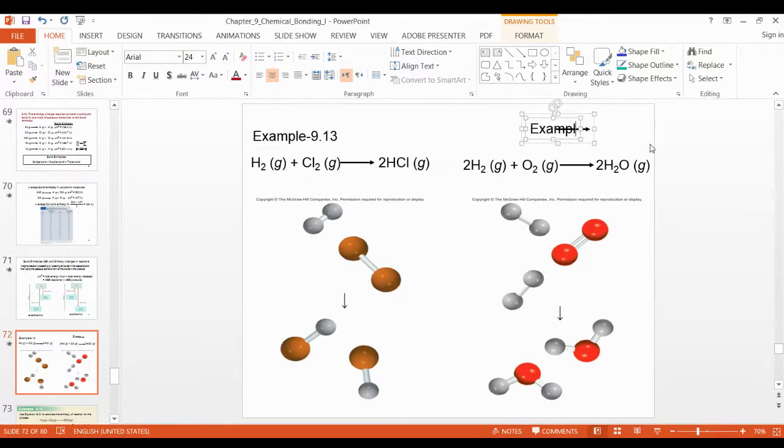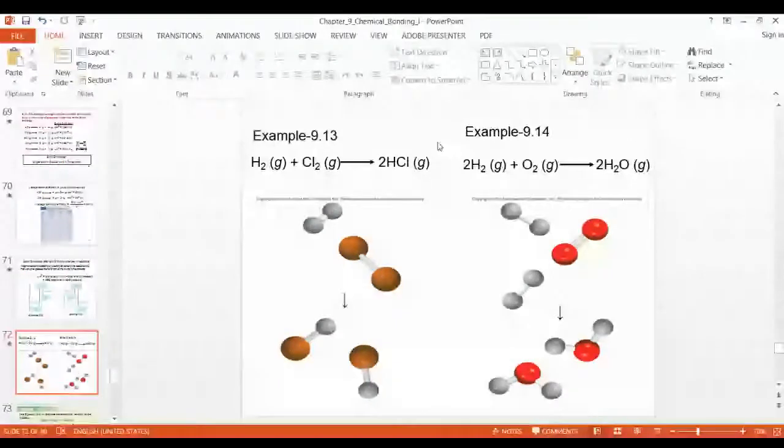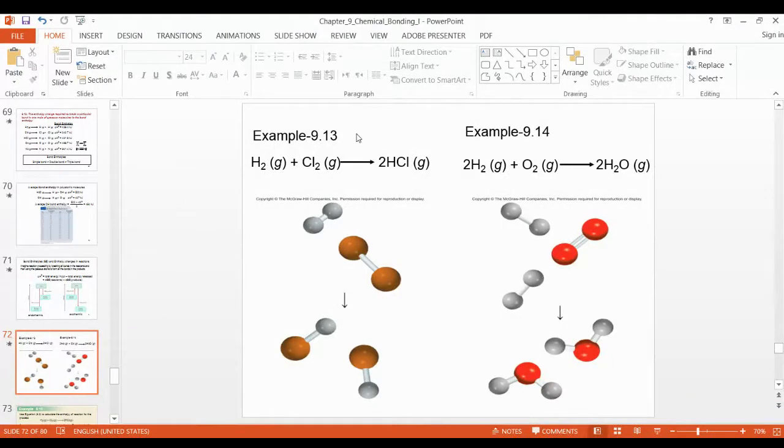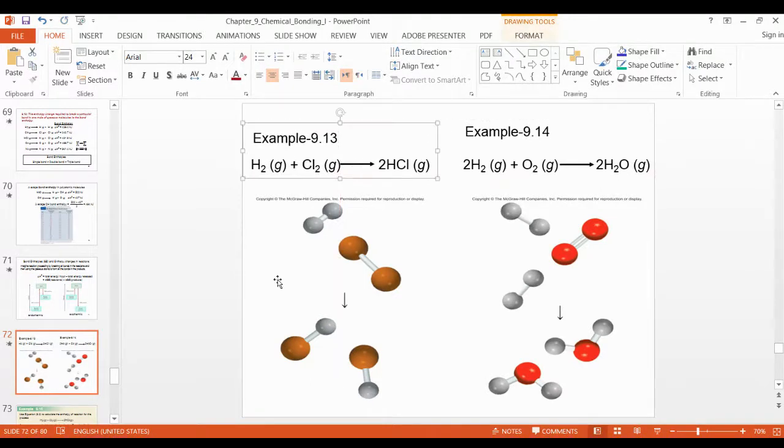This is example 9.14. Is it clear now? Yes. These examples are from the book, not the section. Section 9.10 is a part of the chapter, and it is the last. But in 9.10, you have these examples, 9.13 and 9.14.